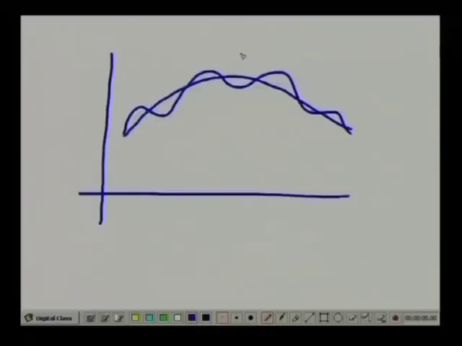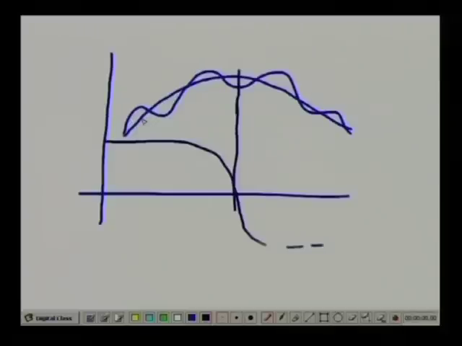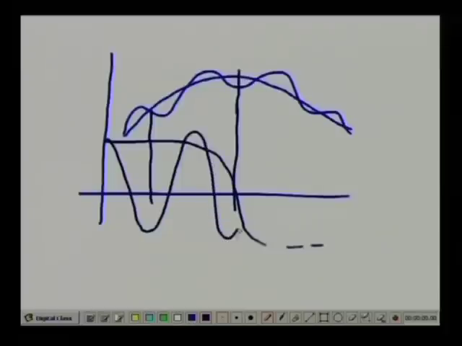The derivative of the low frequency original signal will remain positive up to this point, will slowly fall and then will become negative here. The derivative around this is going to be positive, then will fall to 0 and then become negative. What happens to the derivative of the other signal? The derivative of the other signal is going to start from positive, within this short time it will reach a negative maximum and then it will again change. So, it will be widely varying.